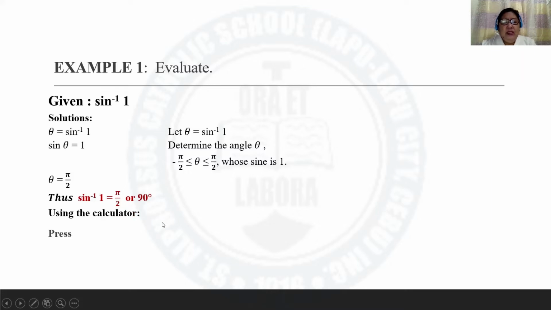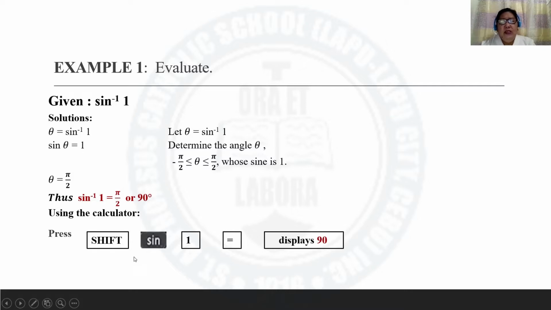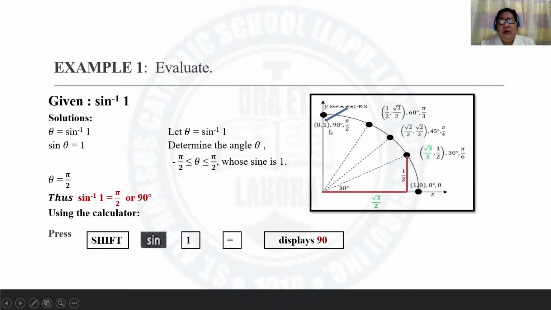Using your calculator, all you have to do is press shift, sine, 1, equals, and it will display 90. Using the unit circle, the 90-degree angle has coordinates (0, 1), in which the value of sine is 1.